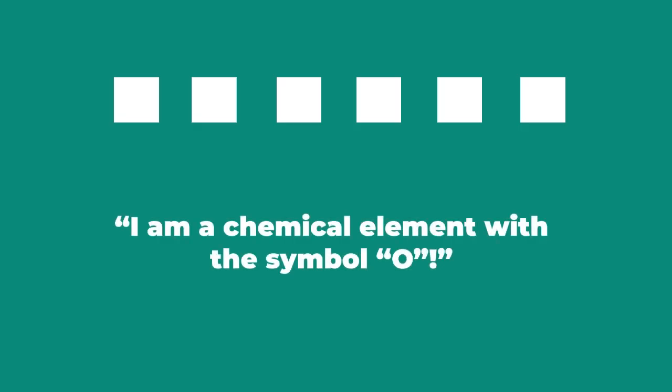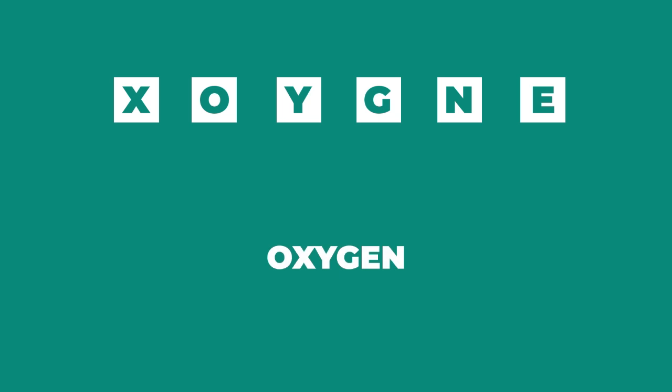And number 5. I am a chemical element with the symbol O. X, O, Y, G, and E. Oxygen. Did you answer oxygen? Correct. A chemical element with the symbol O is oxygen.